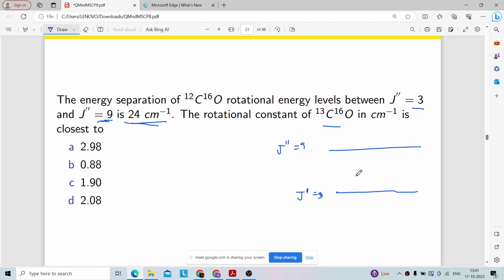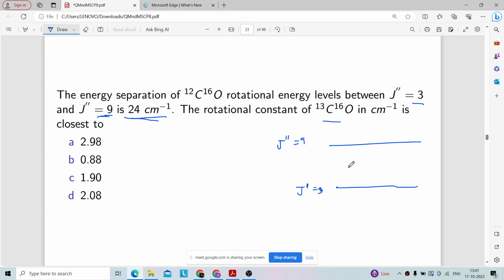You can use the formula ν̄ equals 2B into J plus 1. Delta E we can calculate from here. What is ν̄?